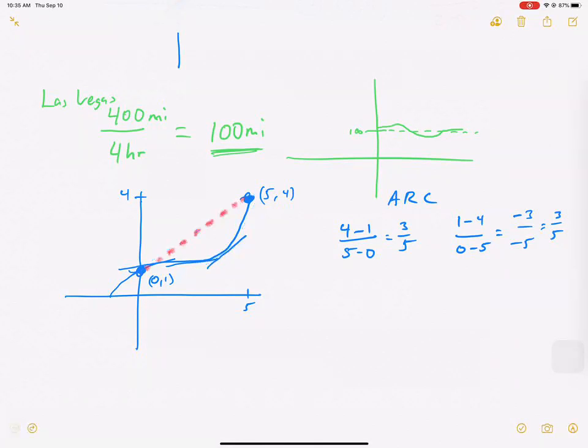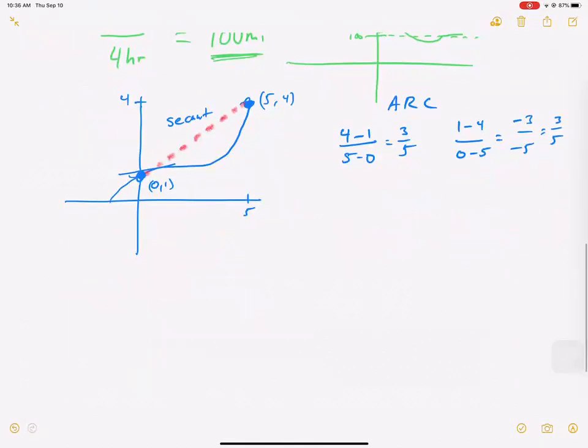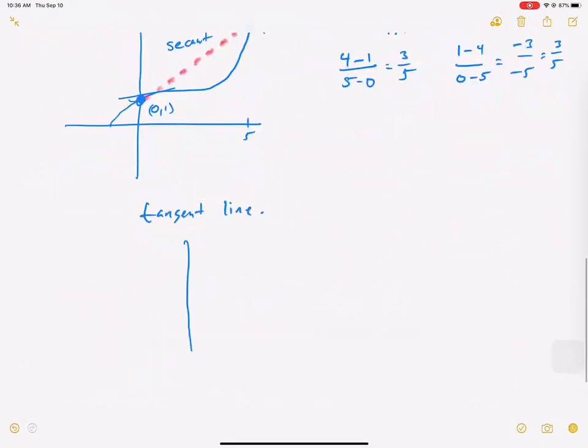Now, that leads us to talking about, if this is called the secant, 2 points on the graph, a tangent line is a line that touches the graph exactly once.